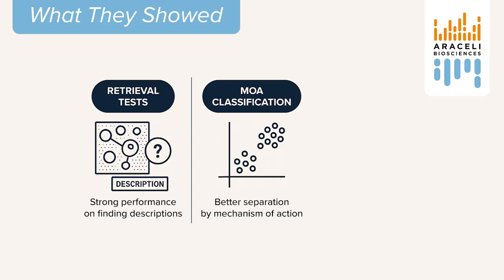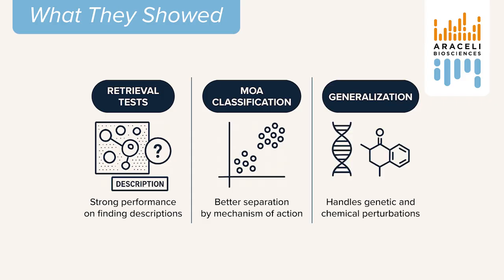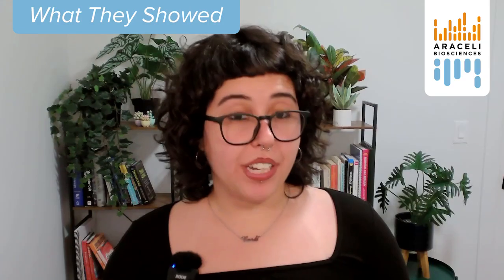The model could better separate compounds by their mechanisms compared to traditional embeddings. And third, they looked at generalization. Could the model handle both genetic and chemical perturbations? The preliminary results show that it can, at least better than prior approaches. It's early days, but the concept is validated enough to spark excitement.